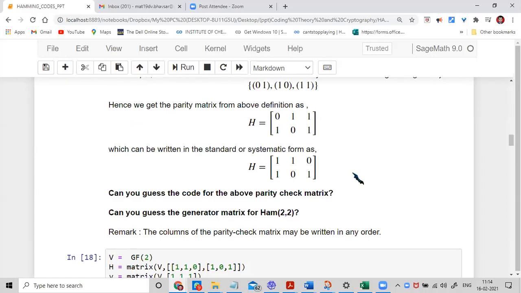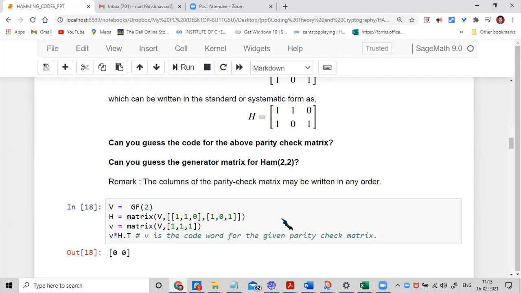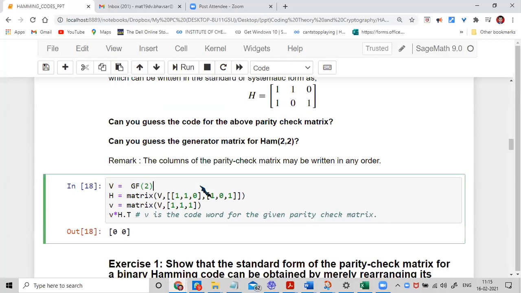Like I am using Sage Math. Also one remark is that the columns of the parity check matrix may be written in any order. That is just a remark. Now, in Sage Math, we can define finite fields as GF and the number of symbols we want.